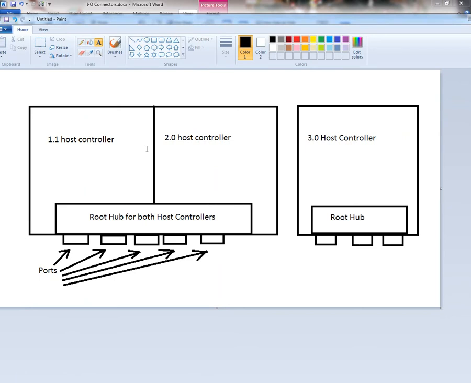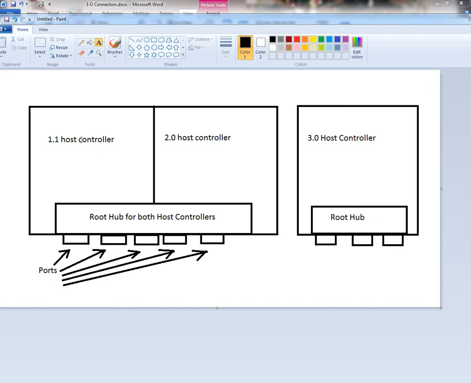First of all, USB 1.1 and 2.0, even though they're serial, and we know serial is full duplex capable, USB has been half duplex all of this time. And you have these host controllers, and the host controllers control how the data is sent, and it chooses to send the data in half duplex.